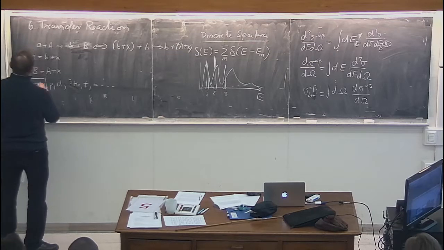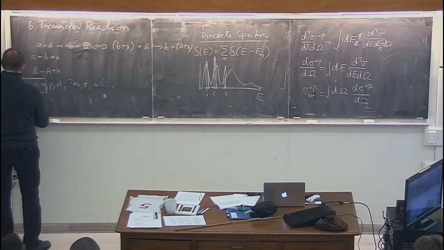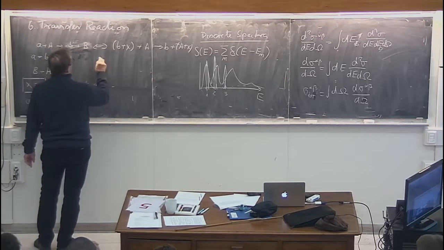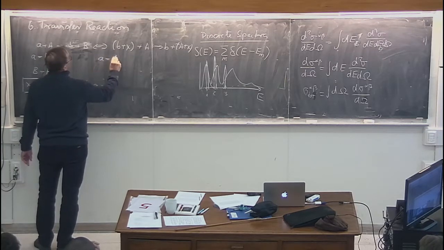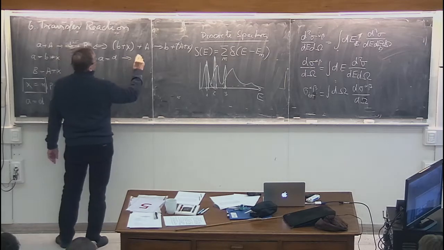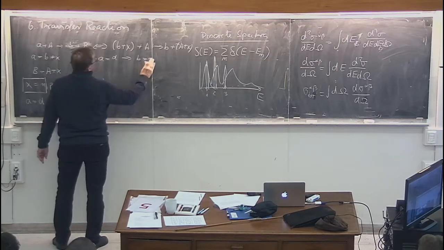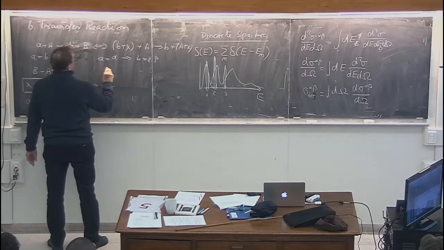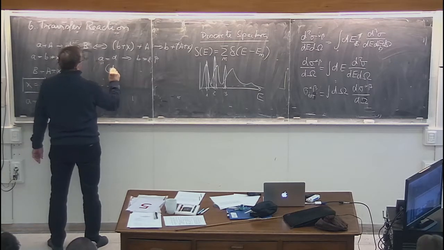Namely, we consider that A equals D. So that means we are considering this process, and that is called a DP reaction.